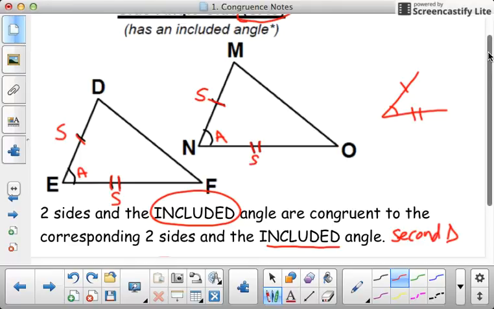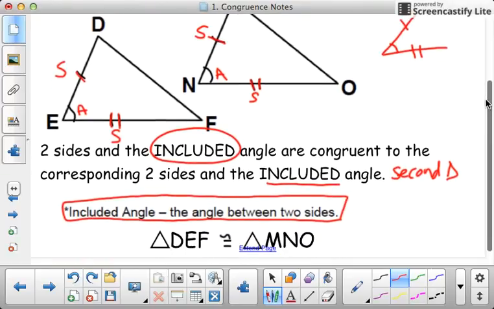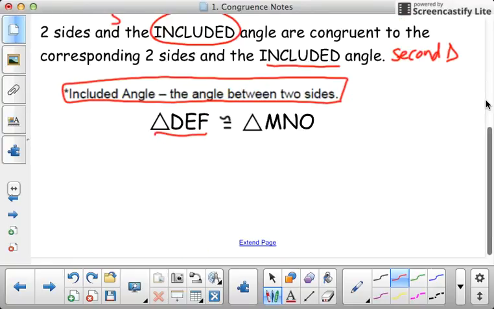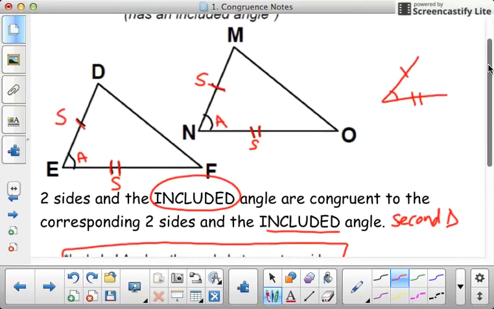So in this situation, this is all I need. I don't need to know that this side is congruent to this side. I have enough information given side, angle, side to prove that the whole triangle, every little part about it, is now congruent. I can write a congruence statement saying triangle DEF is congruent to triangle MNO with just this amount of information.